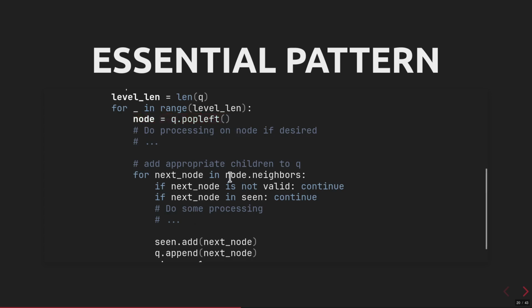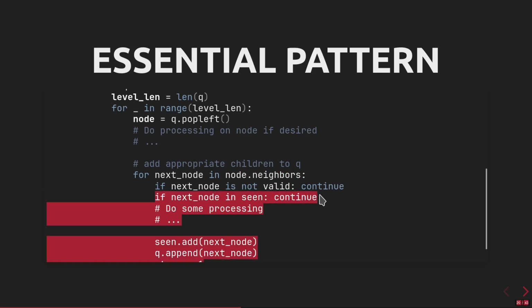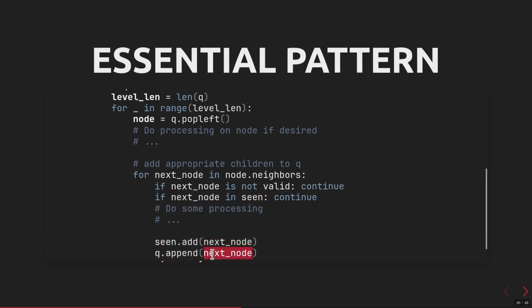If you did not have this check here, you would enqueue into your queue a whole bunch of duplicates. You could deduplicate that by saying, if next node is in the seen set, continue, don't process it. But you could potentially have an exponential explosion of memory if you don't prune at the parent.